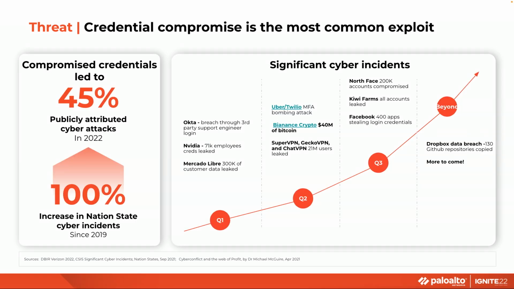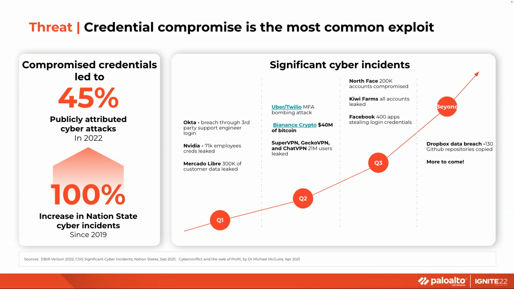45% of attacks in 2022 begin with compromised credentials. If we look at attacks by quarter, first, it's the Okta attack in January, where there was a compromise through a malicious insider. A support engineer provided shared credentials to Lapsus, and that led to the breach.